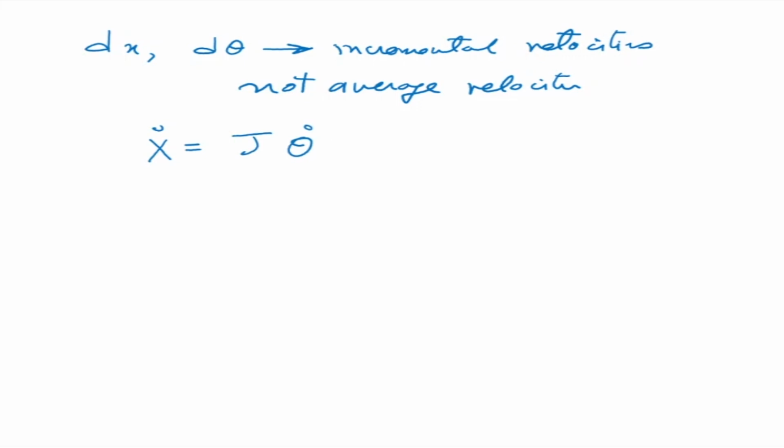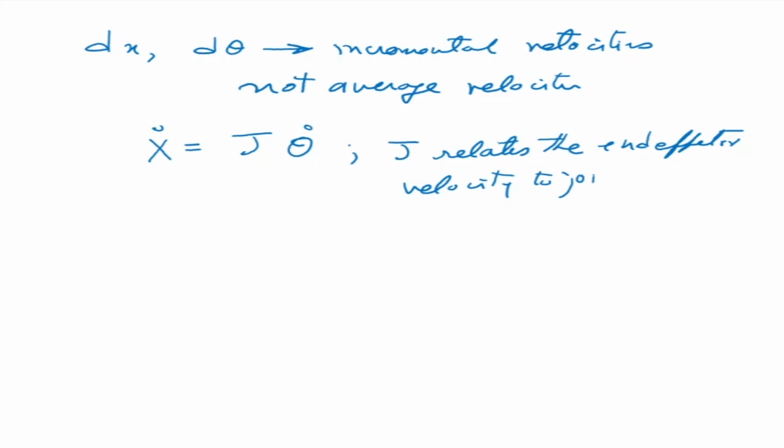So the Jacobian relates the end effector velocity to the joint velocity.